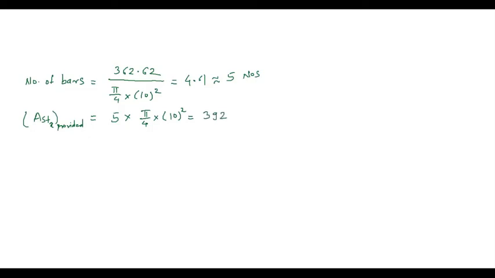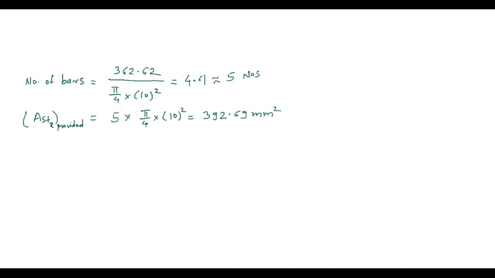It is near about 392.69 mm square. This is the area of steel which is provided in x direction.